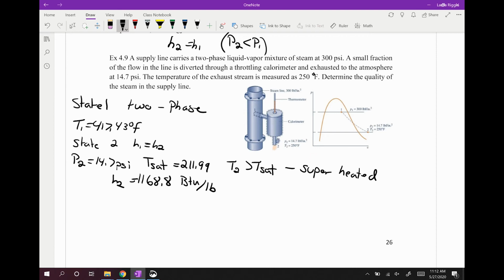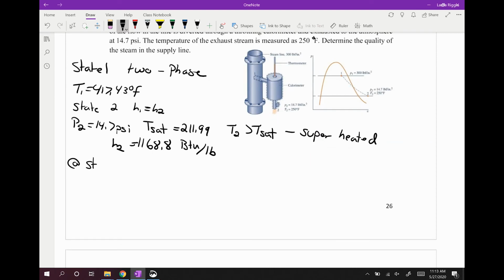BTU per pound. At state 1, we have HF is equal to 394.1 BTUs per pound, and HG is equal to 1203.9 BTUs per pound.